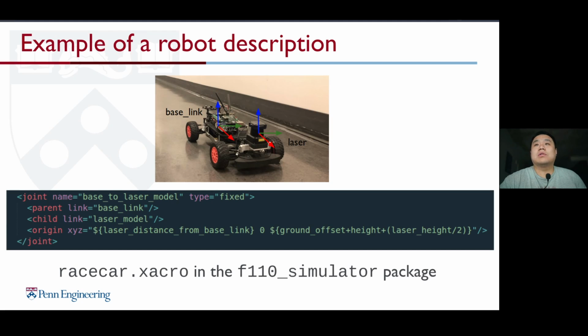So for example, let's take a closer look at a robot description file. This will be the racecar.xacro file in the F110 simulator package that you use for our simulation. For example, we have defined a base to laser model, which is the static transformation between base link and the laser model frame.